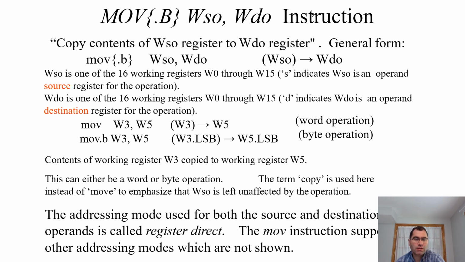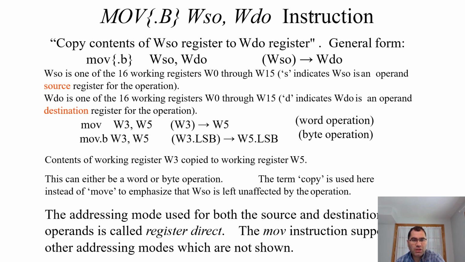Let's look at the first data transfer instruction. It's move, .b if you are moving a byte, and then Wso comma Wdo. This is the format of the assembly instruction.